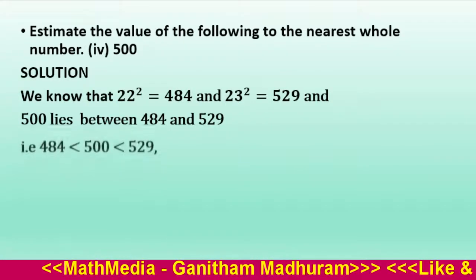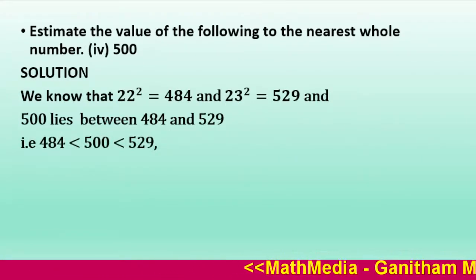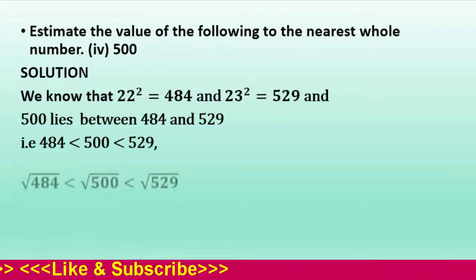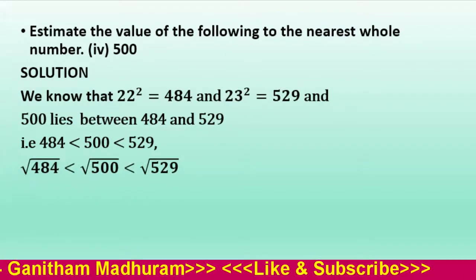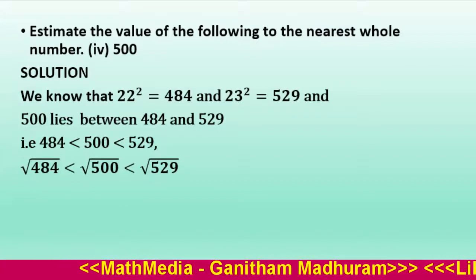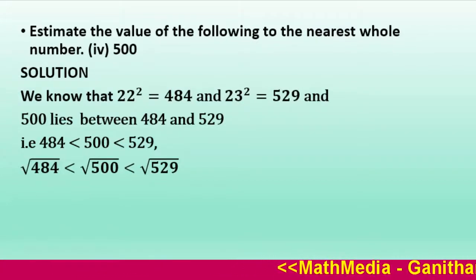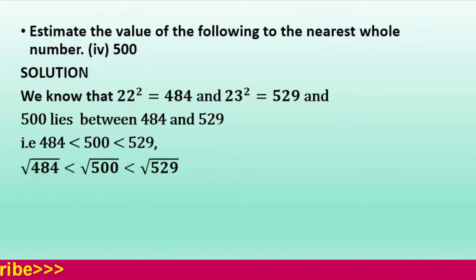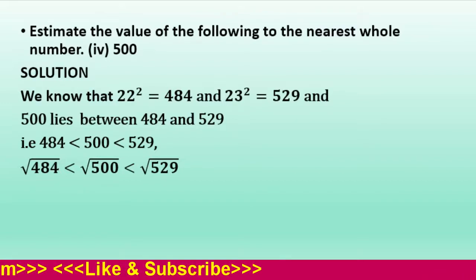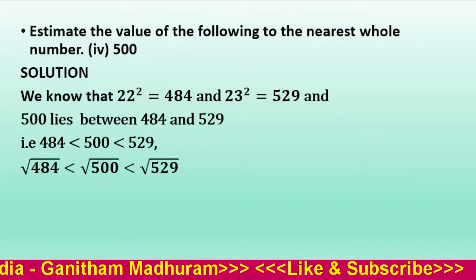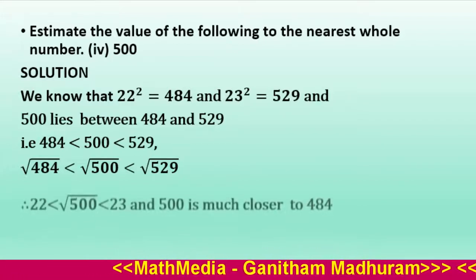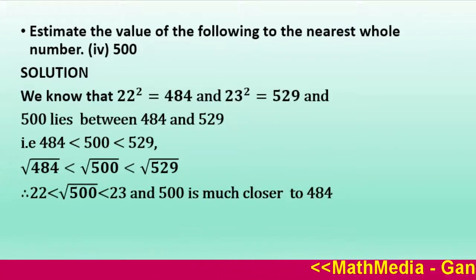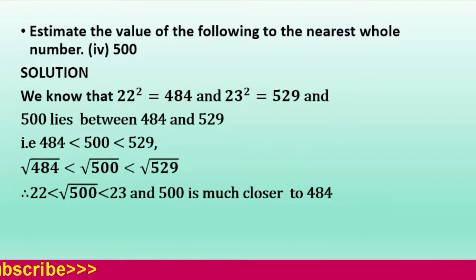So we can write 484 less than 500 less than 529. Now taking the square root, we get square root of 484 less than square root of 500 less than square root of 529. Square root of 484 is 22. That is 22 less than square root of 500 less than 23.